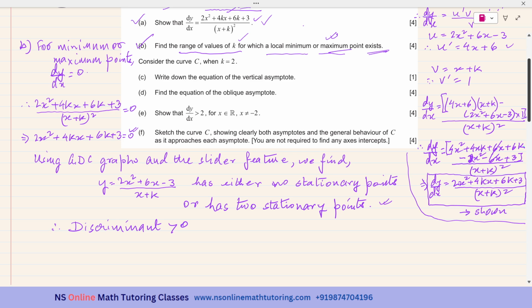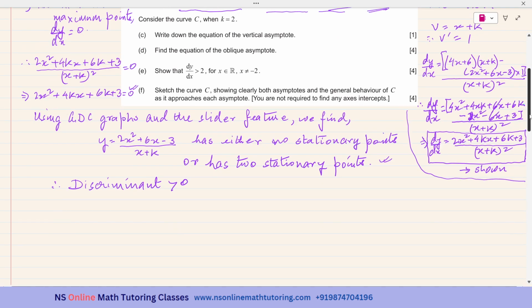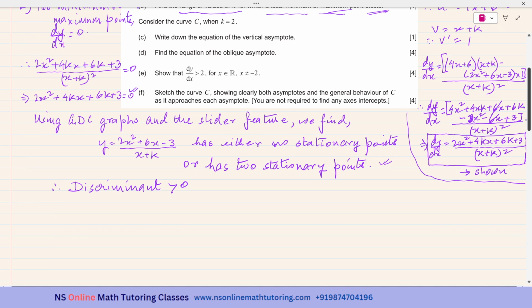What is the discriminant expression? It is b square. B is 4k, a is 2 and c is 6k plus 3. So b square is 4k square minus 4ac.